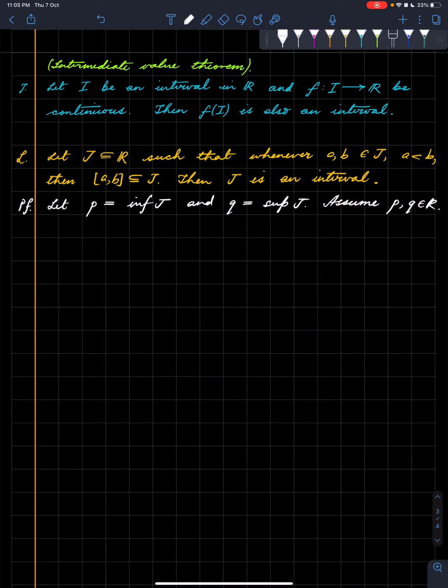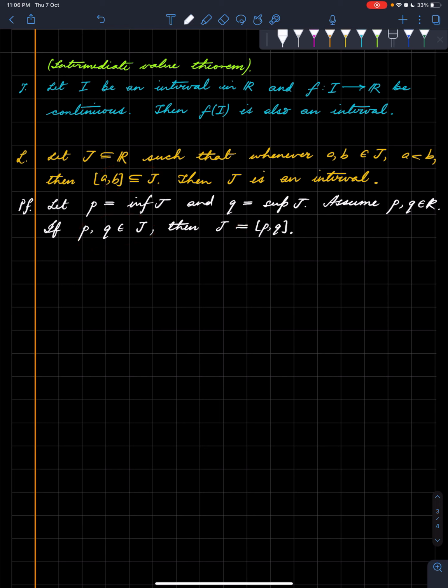Now if P and Q are in J themselves, then it is clear that J must be equal to this closed interval, because J is clearly contained here. P is the infimum and Q is the supremum, so no point in J is less than P and no point in J is greater than Q. So this containment is clear, but now by this property the reverse containment is also clear. So if both P and Q are in J, then we are in good shape.